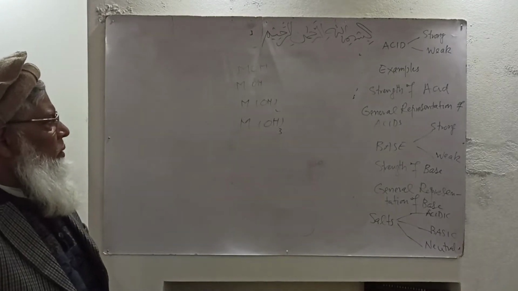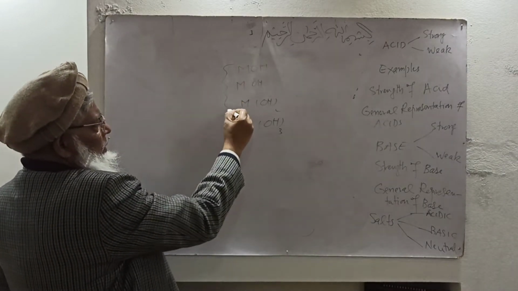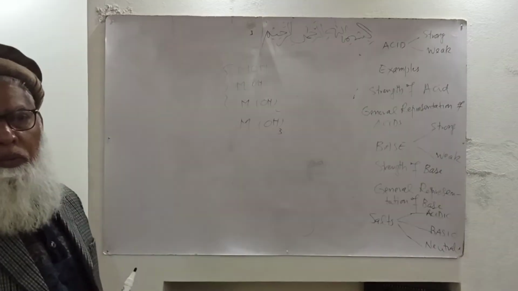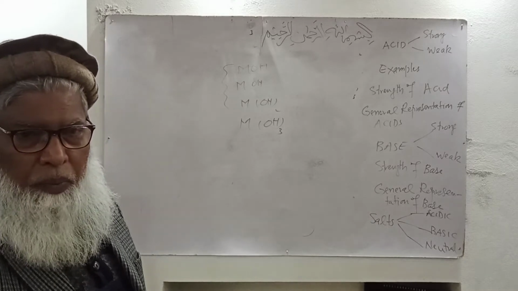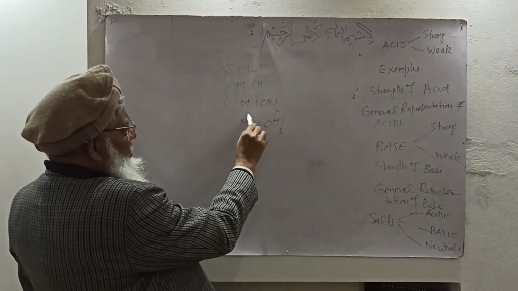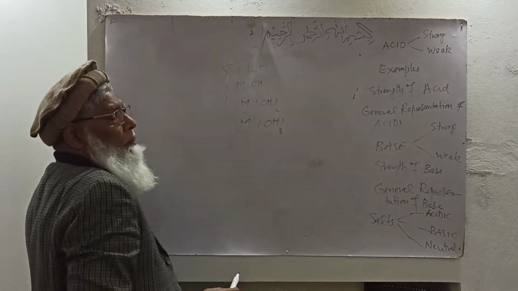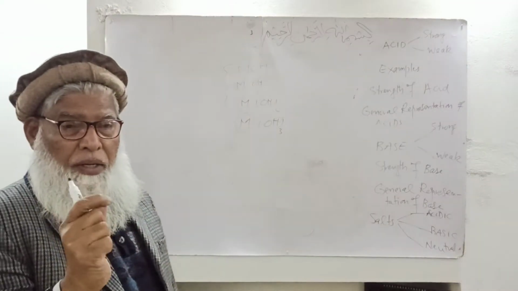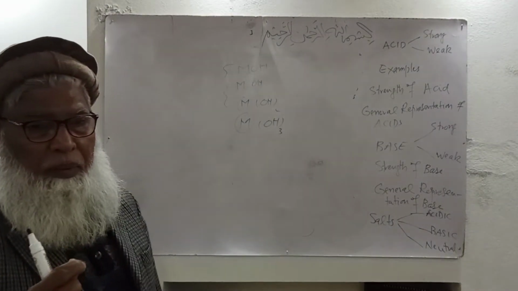Mostly, bases considered are those which belong to the first A and second A groups, alkali metals and alkaline earth metals, because the charge density on the metal ion represents the strength of a base.